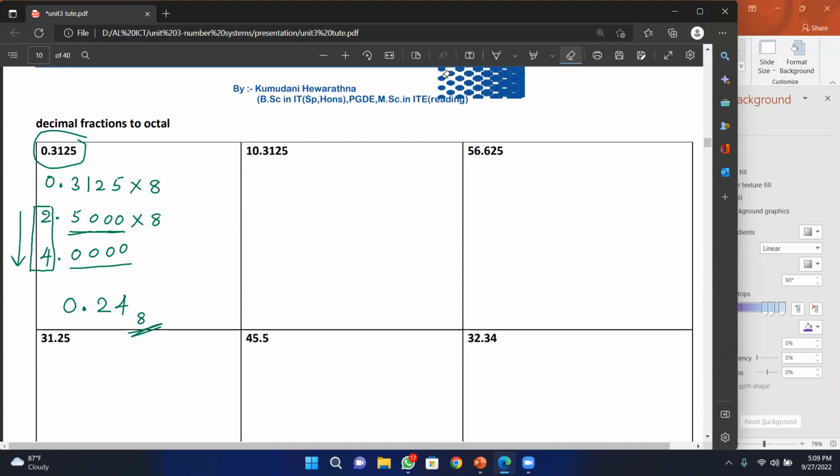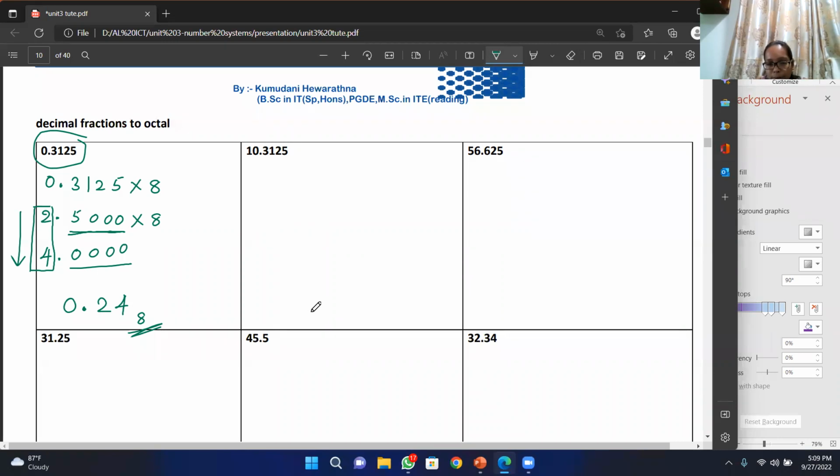Teacher. What's the answer, Sirfan? 12.24 to the base 8. 20. Not teacher. 12.24. Yes, the 3125 in the previous calculation, we have taken the fraction as 0.24.